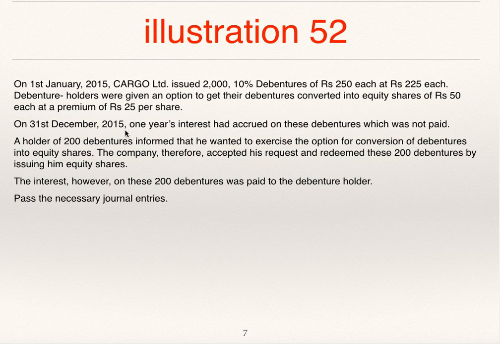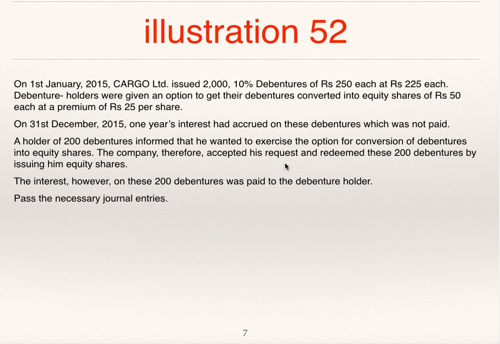On 31st December 15, 1 year's interest had accrued on these debentures which was not paid. Debentures were issued on 1st Jan 15. On 31st December 15, 1 year's interest is accrued on them which was not paid. So you are supposed to pass outstanding interest on debenture journal entry. A holder of 200 debentures informed that he wanted to exercise the option for conversion of debentures into equity shares. 2000 debentures issued. Out of that, a holder of 200 debentures wanted to get his debentures converted into equity shares.